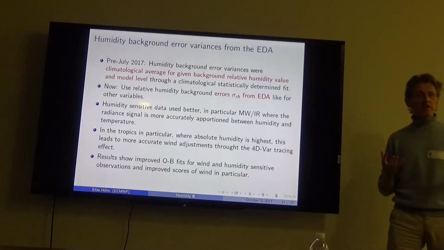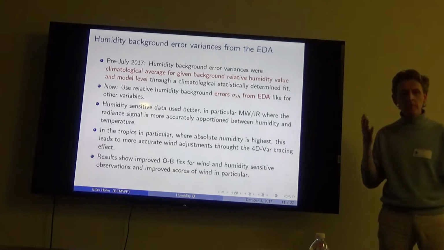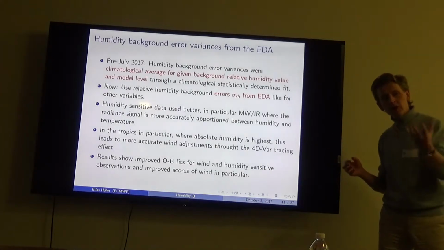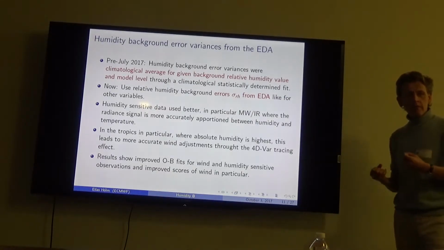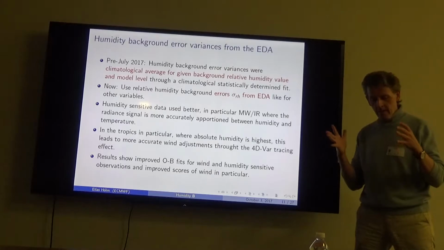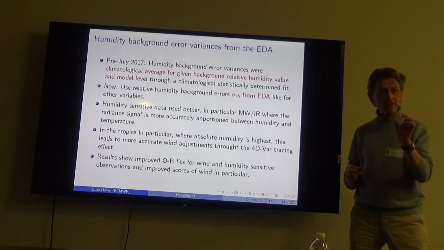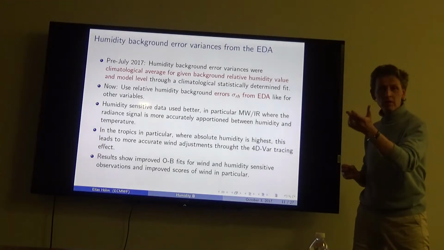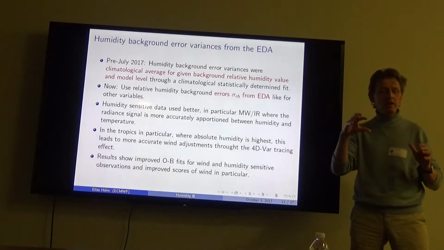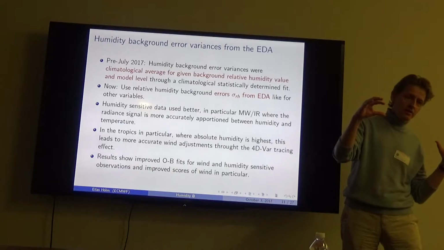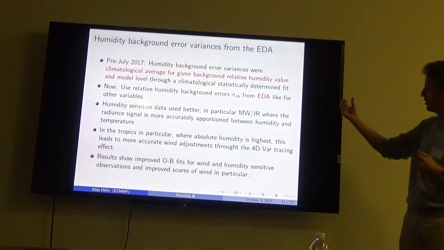Because of this, for radiances, we split the signal into humidity and temperature more accurately. And this has quite an effect on the winds, particularly in the tropics. This makes the humidity fields that little bit more accurate, so that the tracing effect of 4D-Var catches onto this and really forces the wind to adjust to this. So that has been quite beneficial for the wind, this change in particular.